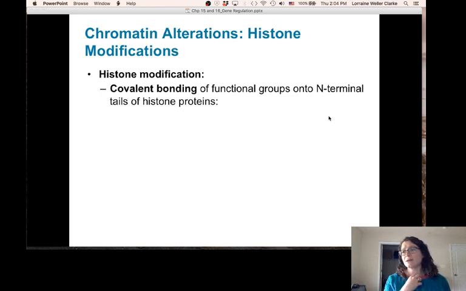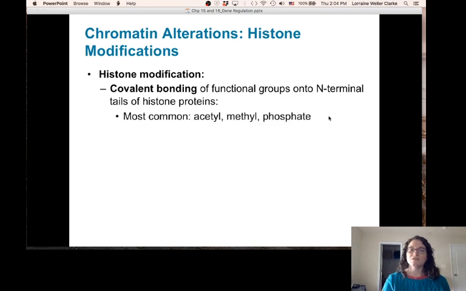We talked a little bit about this before. Acetylation is generally going to increase transcription because it opens it up. Methylation is generally going to decrease transcription because it closes it off. Okay, so most common is acetylation, methylation, and adding phosphates.